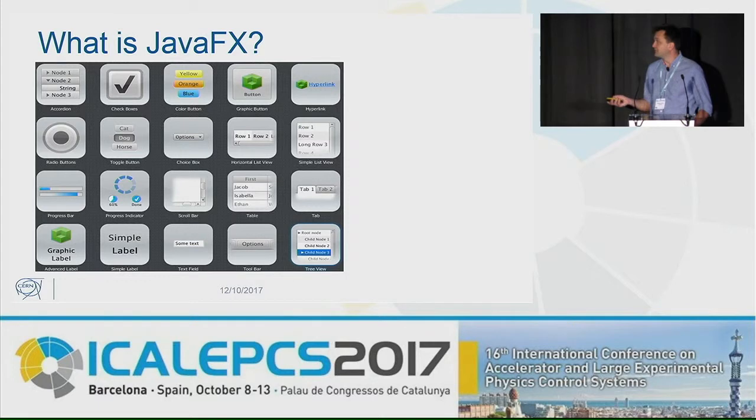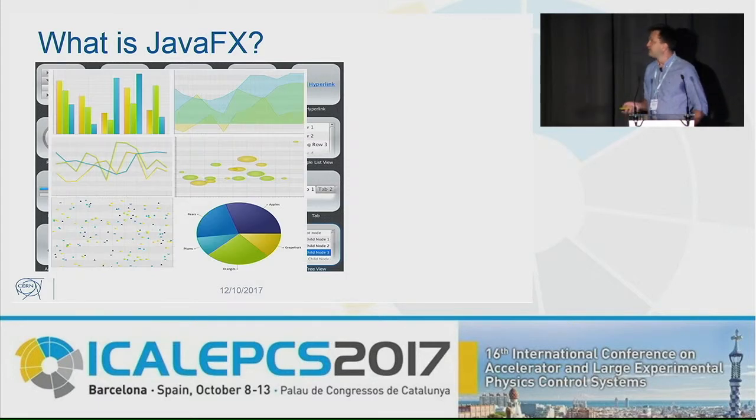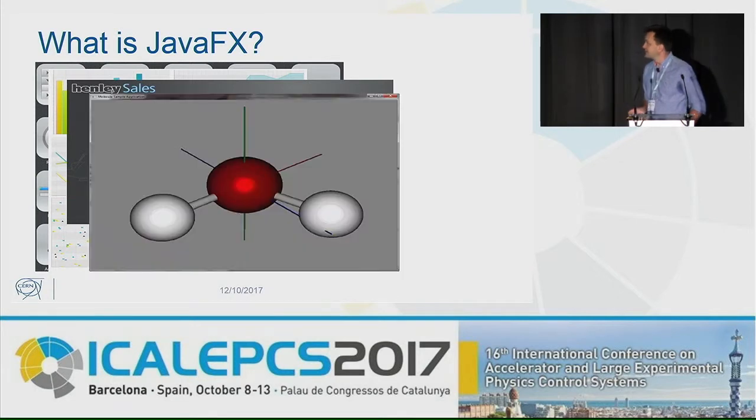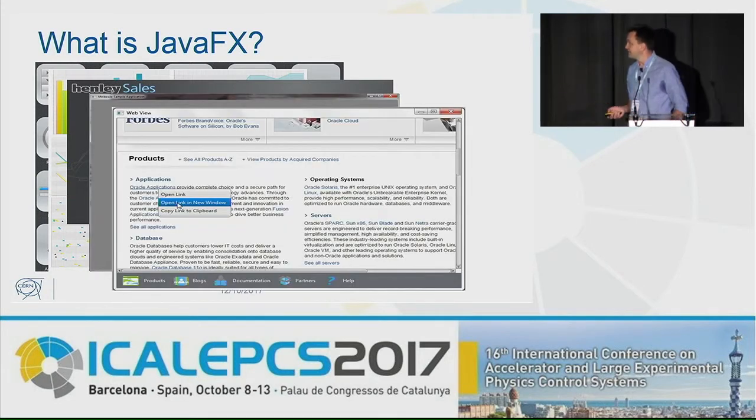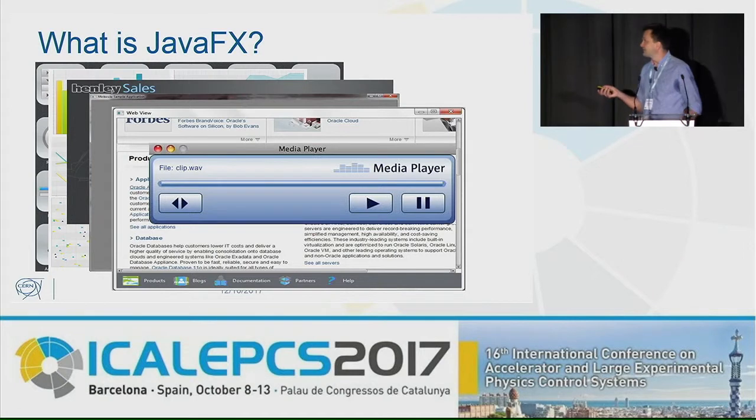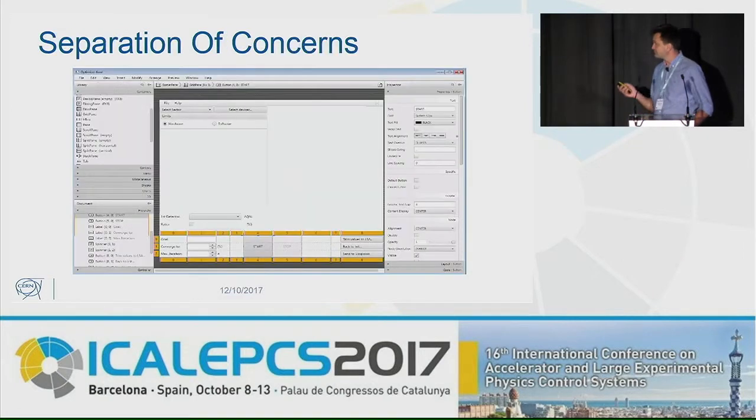But that's not the only thing. On top of it, the toolkit provides a charting package, animations, 2D and 3D graphics, HTML content, and support for media. And one of the fundamental architectural design decisions of this toolkit was a separation of concerns.